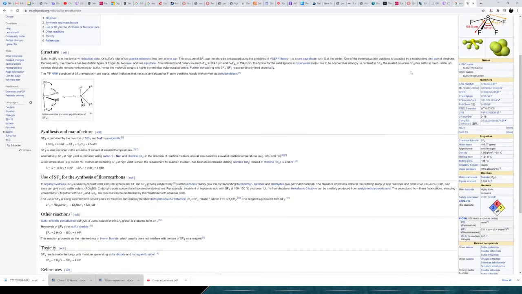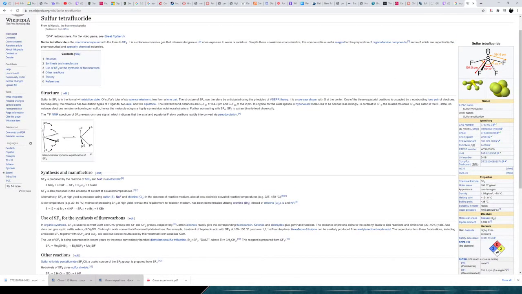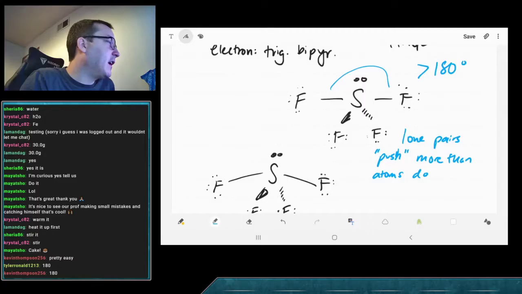Do we have any other fun stuff? No. So you can see here again in this kind of structure, we have the fluorines a little bit tilted away because of that lone pair pushing down on it.